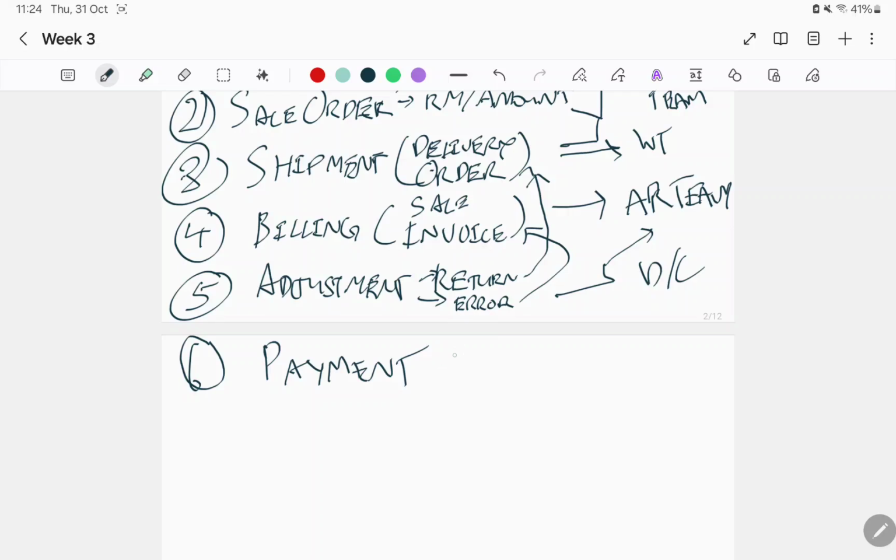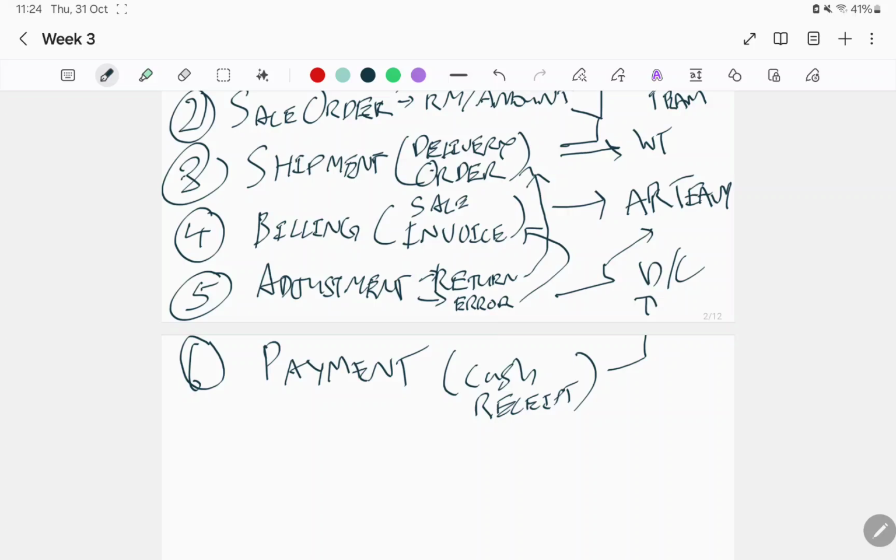Over here you will have a cash receipt. The AR team will handle this. This is confirmed AR team.